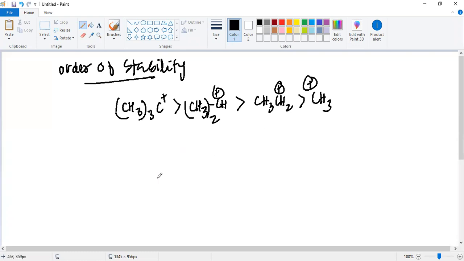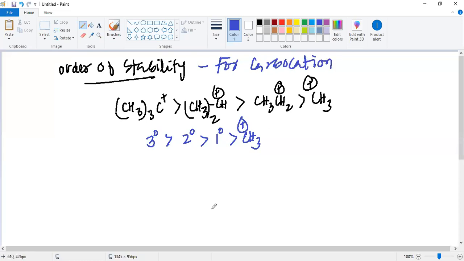So please remember, my dear students, that the order of stability we can write as: tertiary is more stable than secondary carbocation. Secondary carbocation is more stable than primary carbocation, and primary carbocation is more stable than methyl carbocation. So this is the order of stability for carbocation.